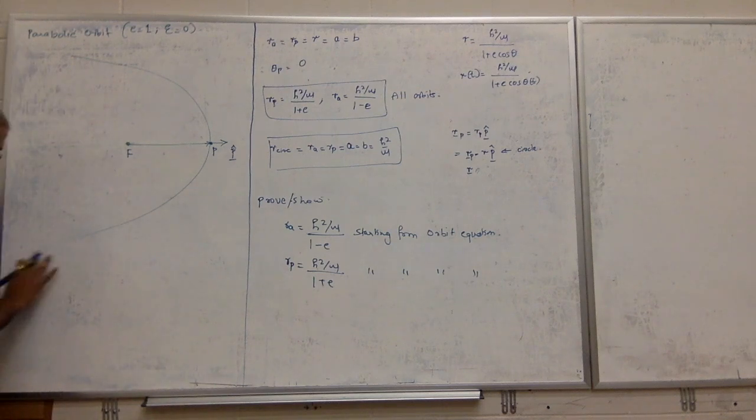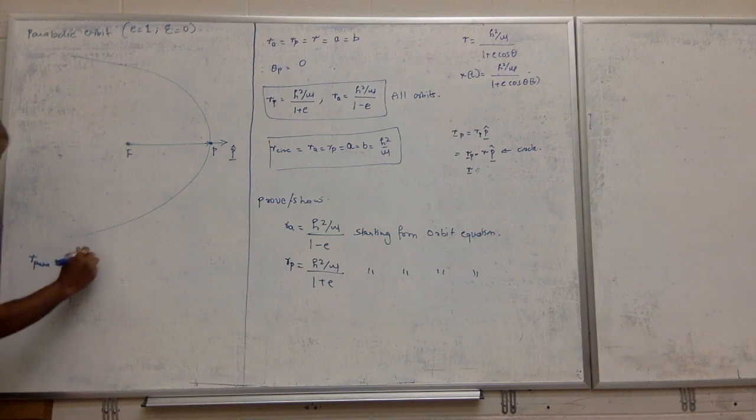What do you know about R for a parabolic orbit? It goes to infinity.